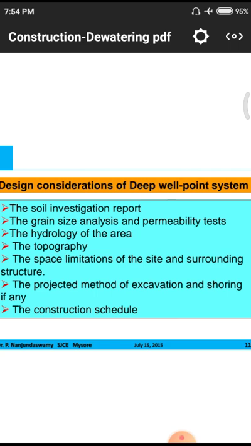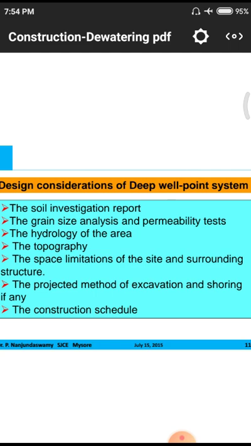Next one is the construction schedule. Why? Because the construction schedule depends totally on the period in which the construction project takes place. If it is the rainy season, automatically the site will not allow proper construction phases, because the rain keeps coming and there may be breaks in construction.